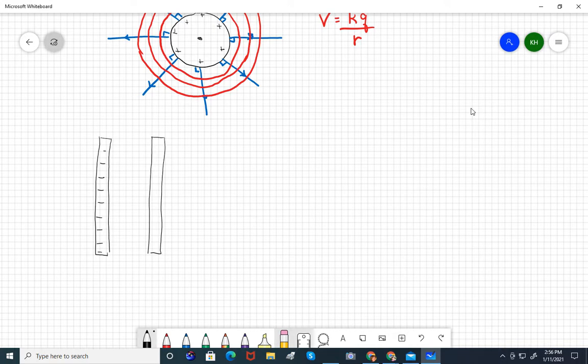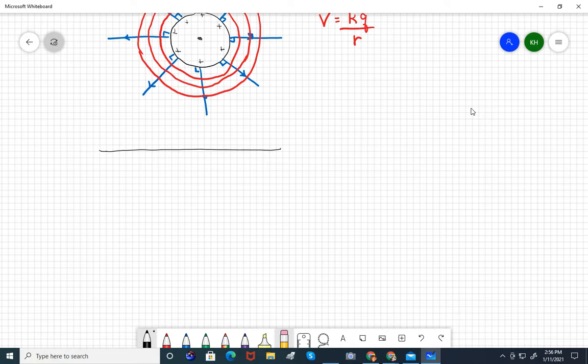I want a little more room, so I'm going to redraw this a little bit. Let's go horizontal. Let this be positively charged. Come down here a little ways and draw a second plate.